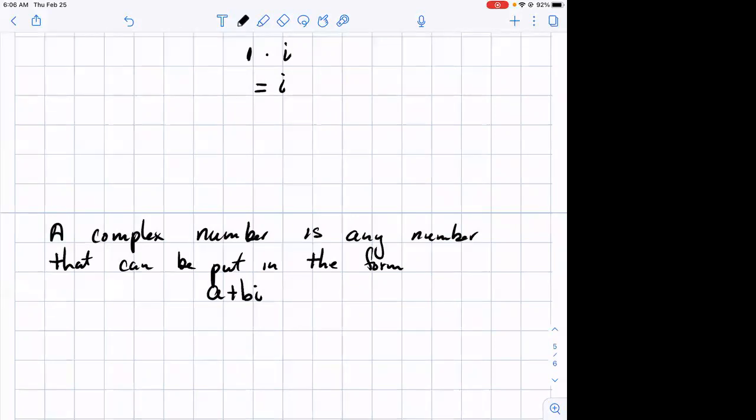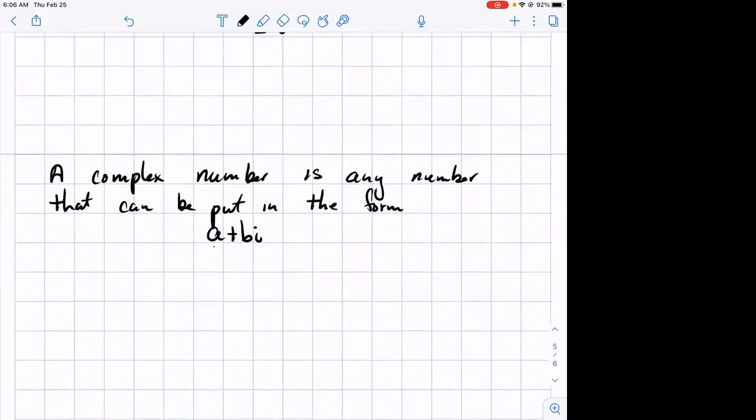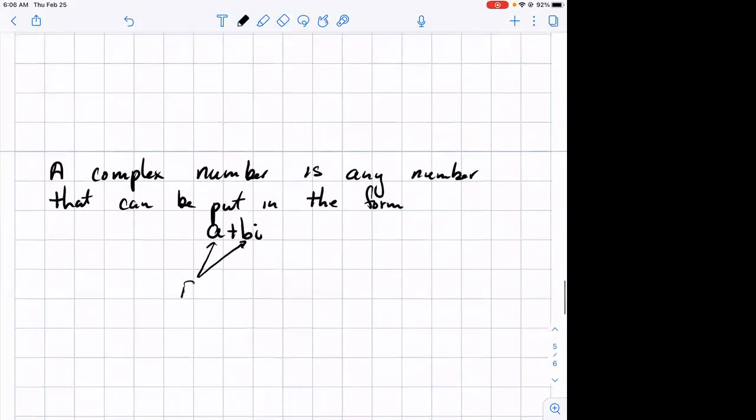And we say that both a and b are real numbers. But i is equal to the square root of negative 1.